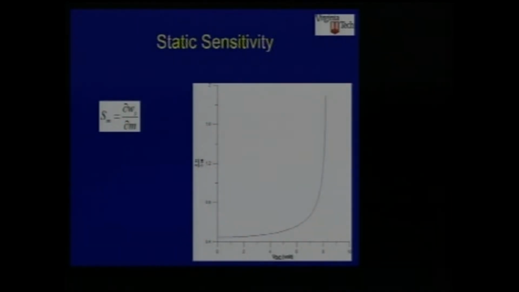So how much mass with the W to get us the sensitivity curve, which is delta W over delta M as a function of voltage. And that will be the sensitivity, and we see that it's going to go to infinity as we come close to pull-in.